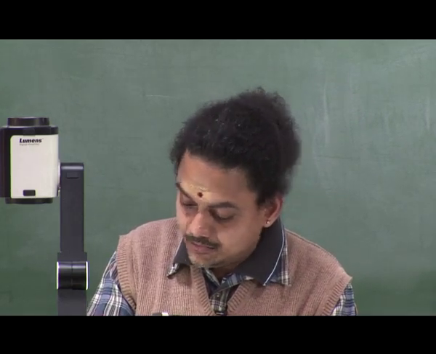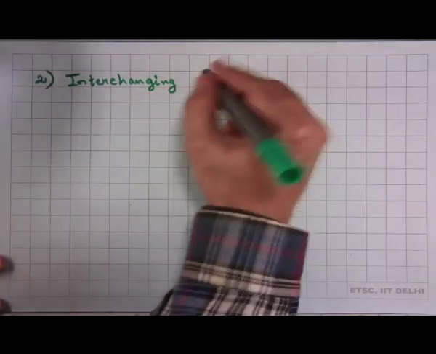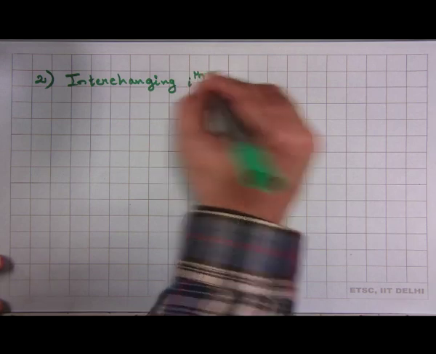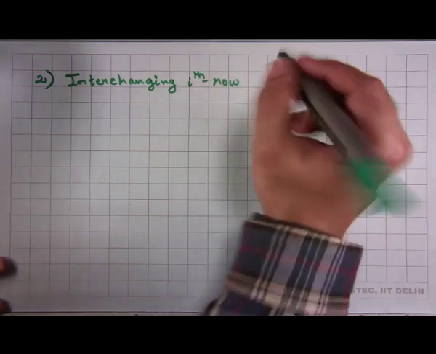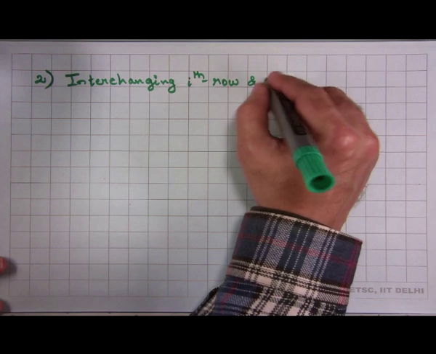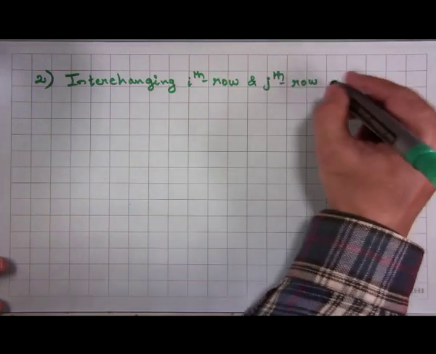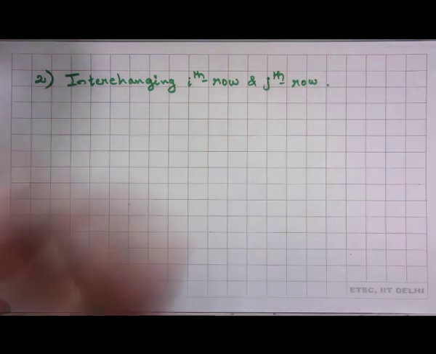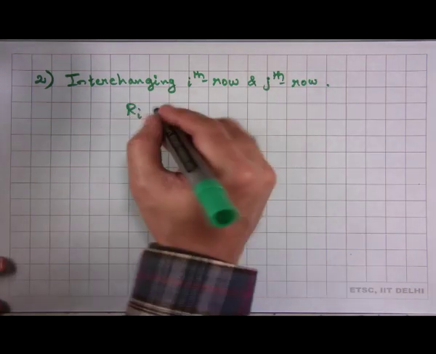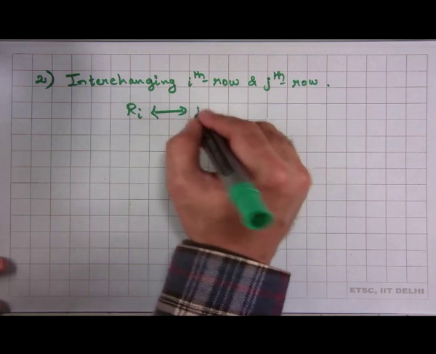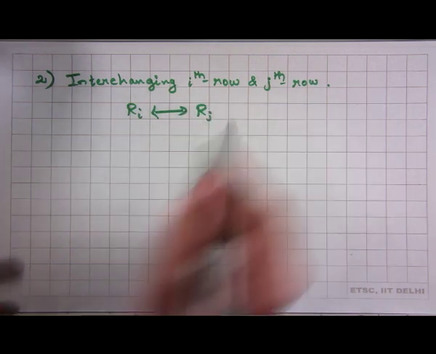Second one, interchanging the ith row and jth row. We will denote it as the ith row and jth row are swapped or interchanged. This is the notation that we will have.